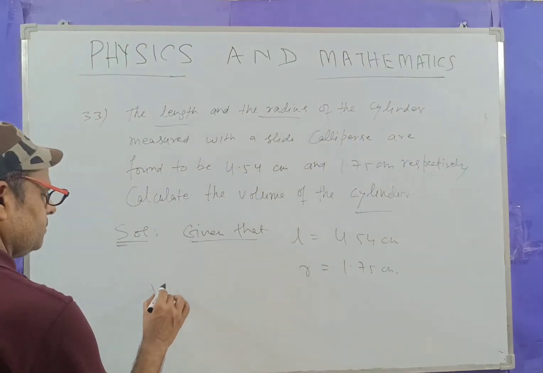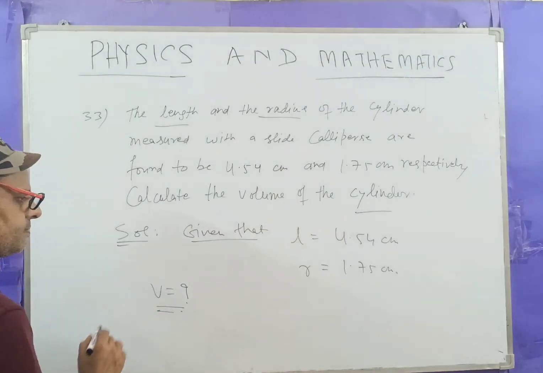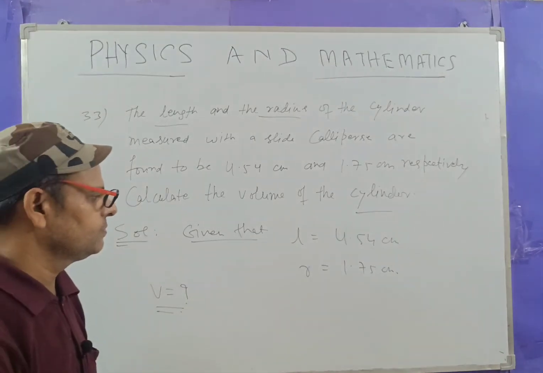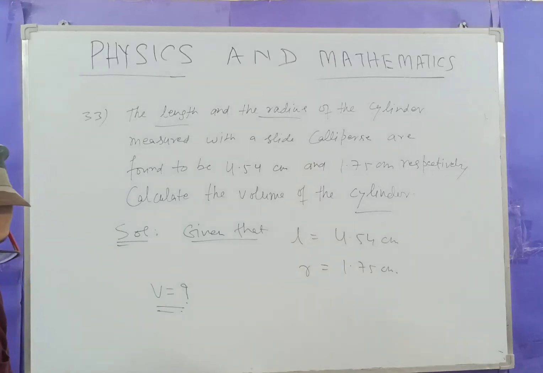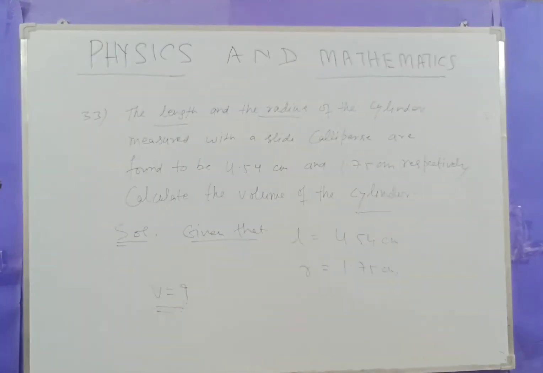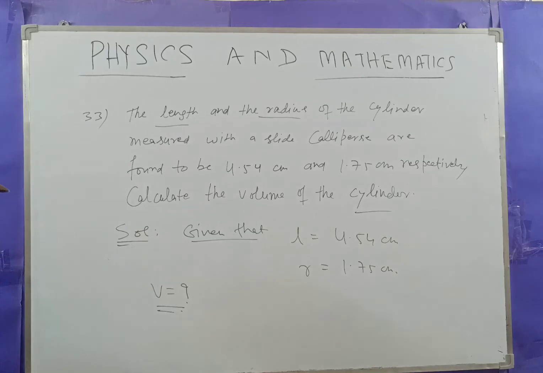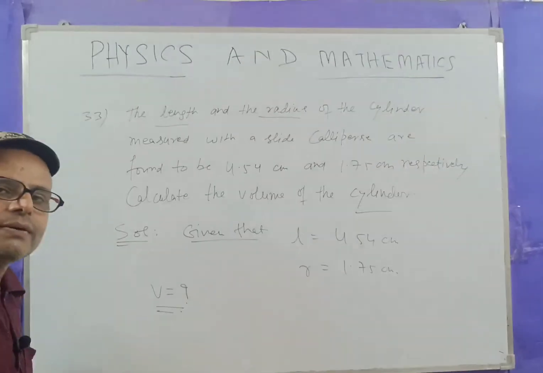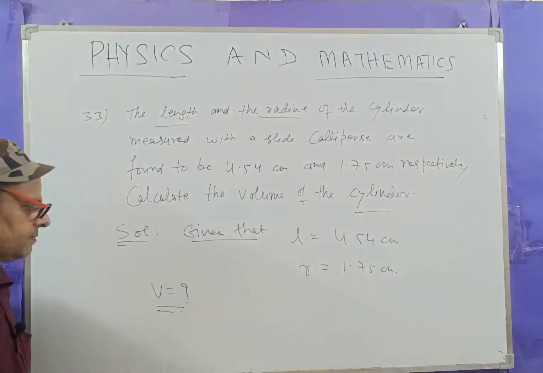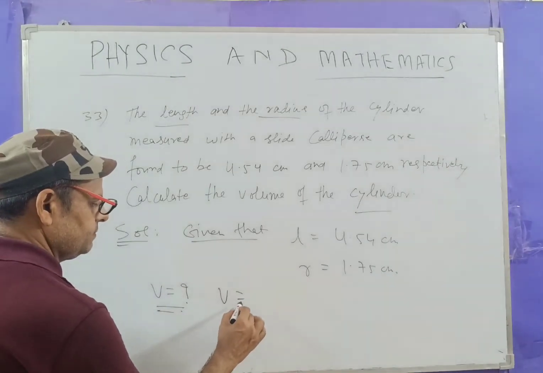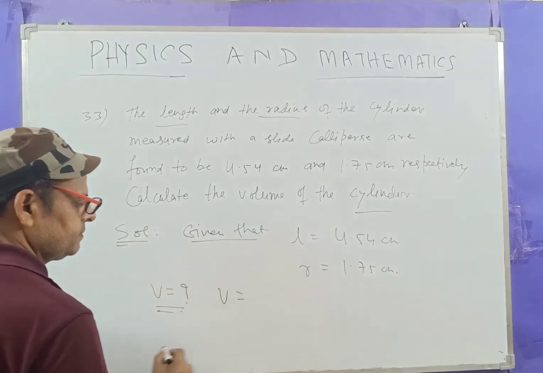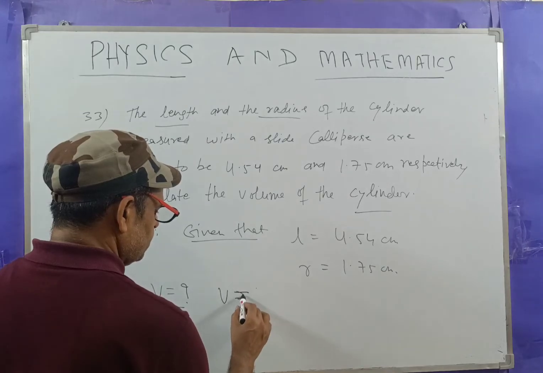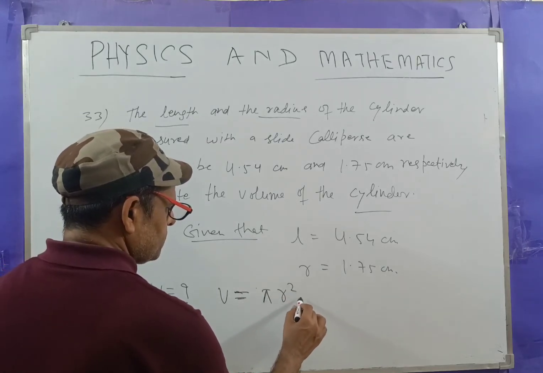Then the volume of the cylinder is equal to what? We know very well the volume of the cylinder V is equal to pi r square L.